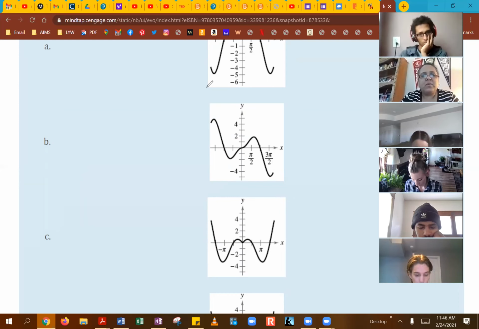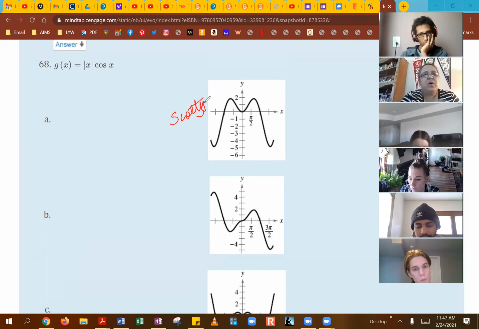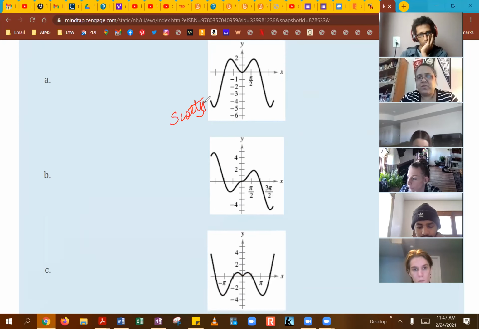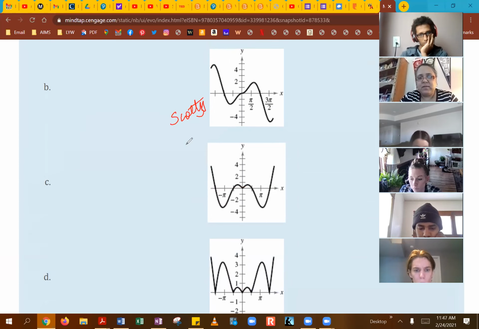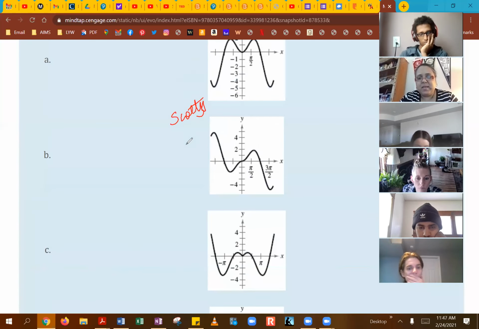Okay, Scotty, you are going with graph A. So that's this one over here. Okay, so Scotty is choosing this one. What about the rest of you? What graph would you go with? A, B, C, or D?